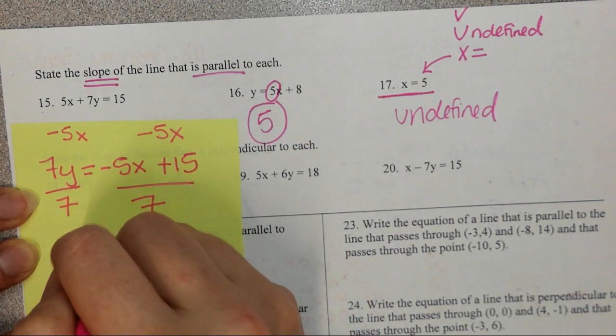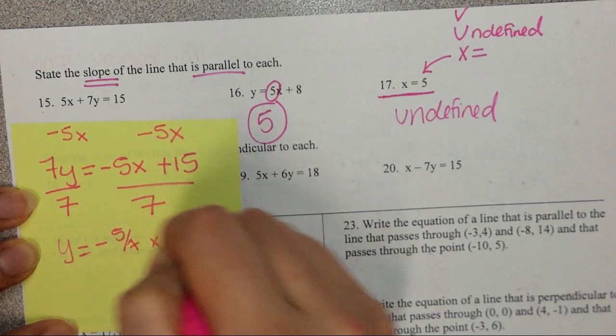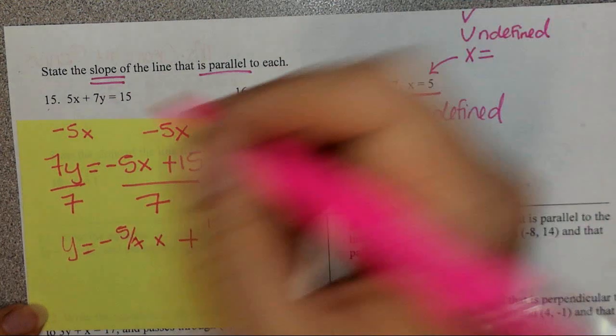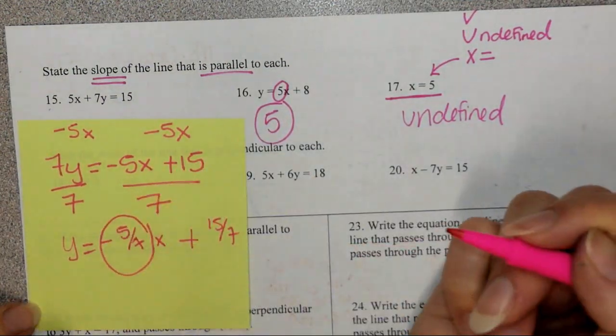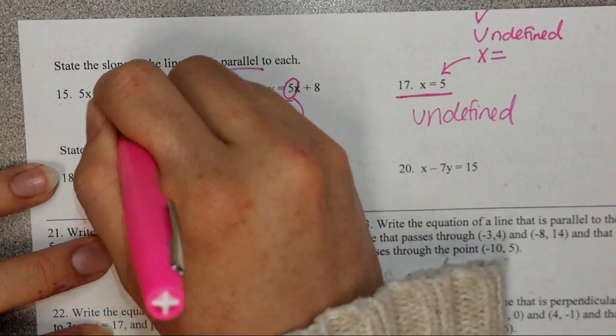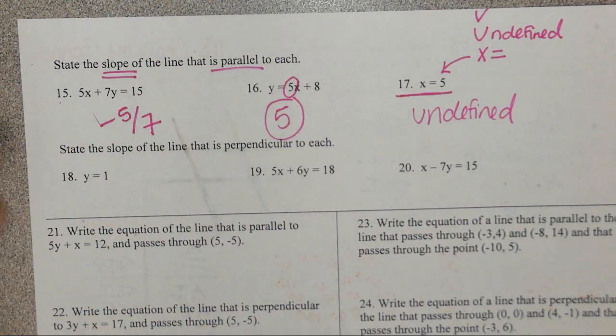Divide by 7, and we get y is equal to negative 5/7 x plus 15/7. So our slope is negative 5/7. Okay.